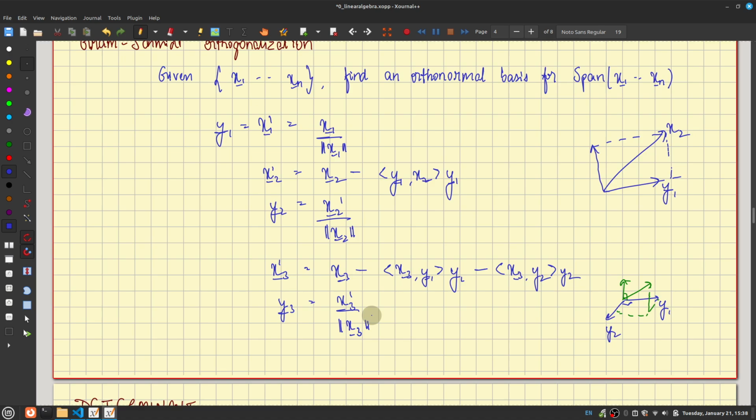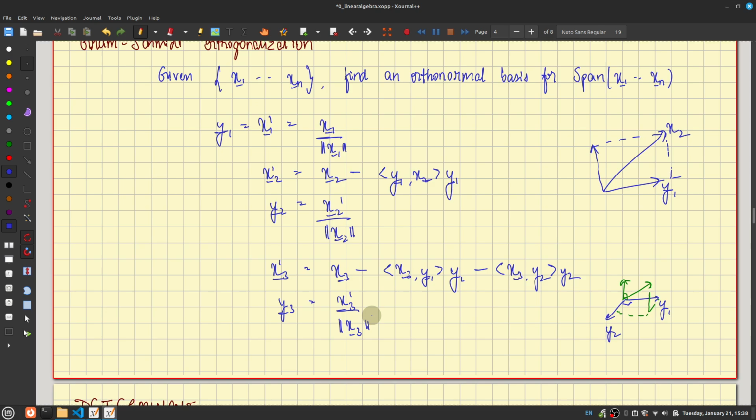And I keep repeating this. So this procedure, as long as I start with a basis or a set of linearly independent vectors, is guaranteed to give me an orthonormal basis to the span of those vectors.